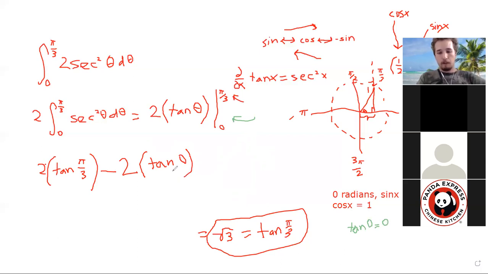Okay, tangent of 0 is equal to 0, so that just gets canceled out. Tangent of pi over 3 is square root of 3, so we get 2 times square root of 3 as our answer.